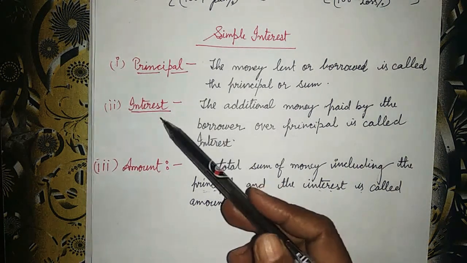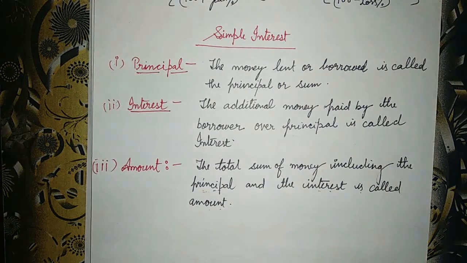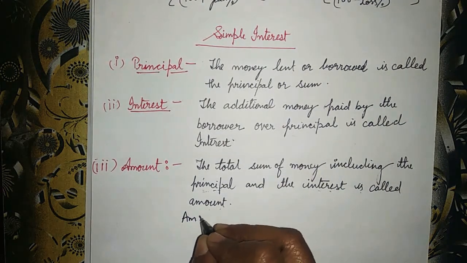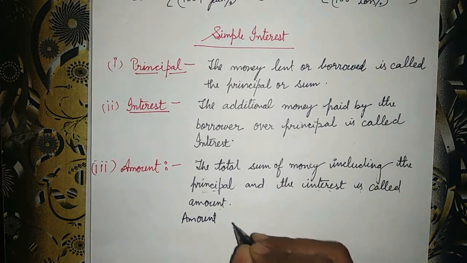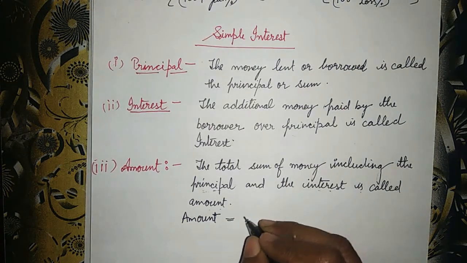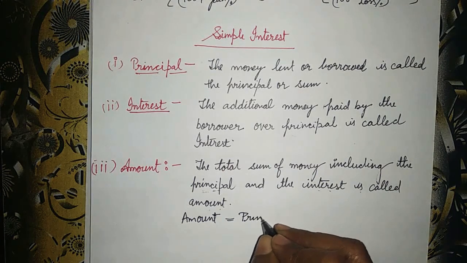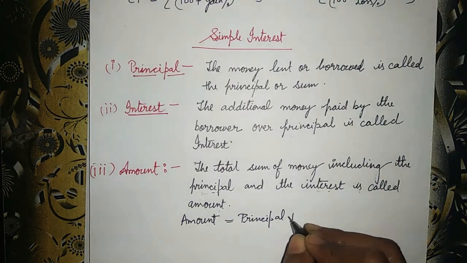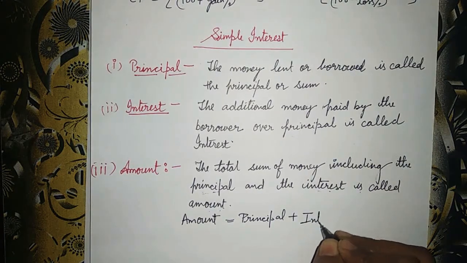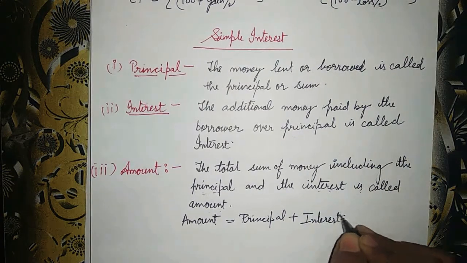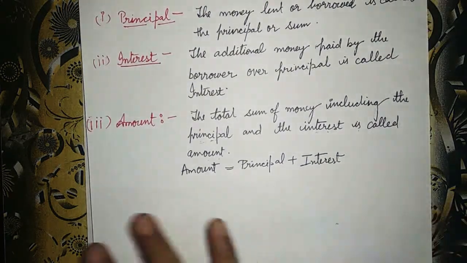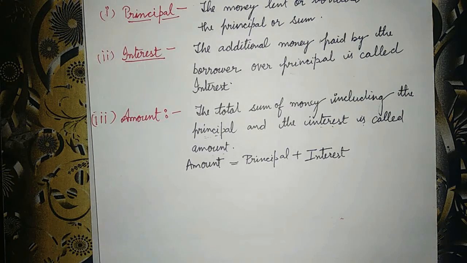The sum of principal and interest is amount. For this, the formula is amount is equal to principal plus interest. Now children, after amount, I will tell you about rate of interest.